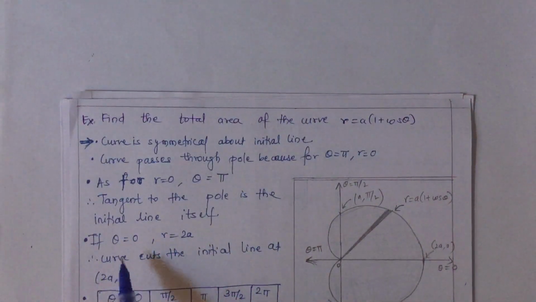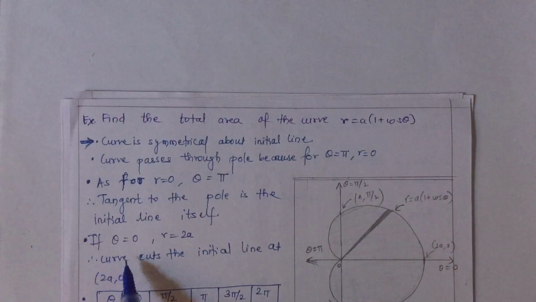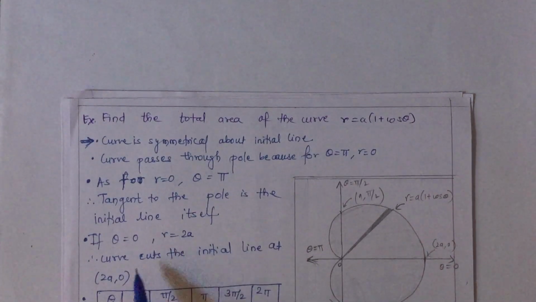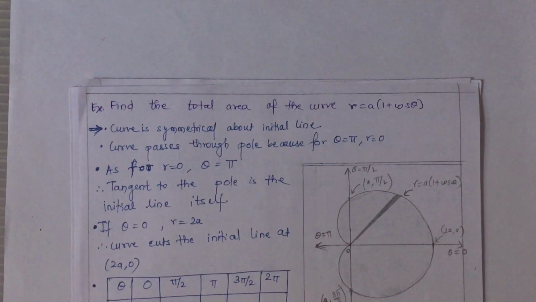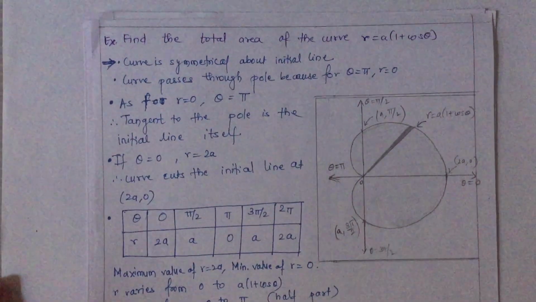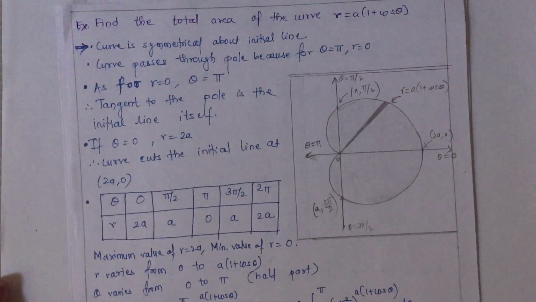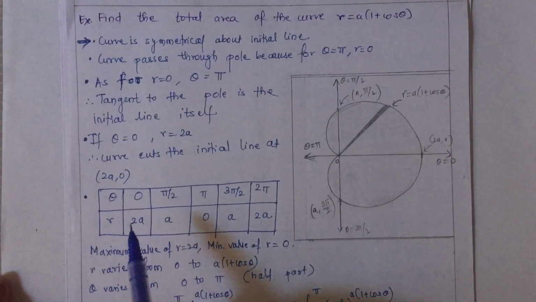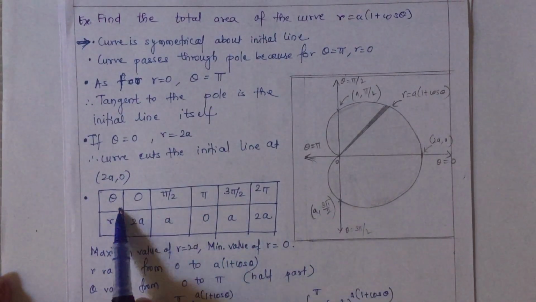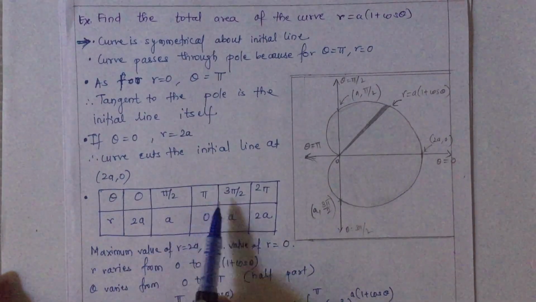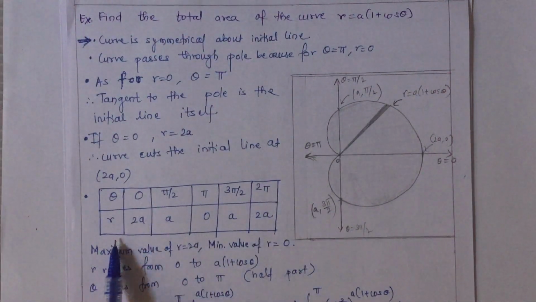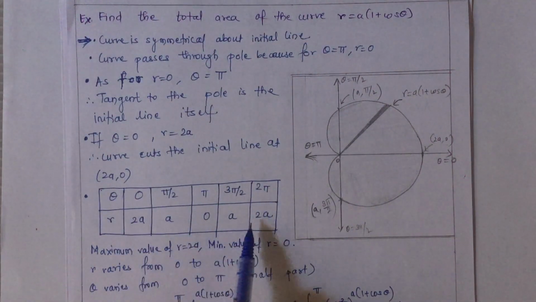Next, when you substitute theta equal to 0, we observe r is equal to 2a, which means the curve will cut the initial line at (2a, 0). So what do we prefer? We prefer a table of values and see how r varies with theta. We prepare a table for theta as 0, pi by 2, pi, 3 pi by 2 and 2 pi, and r varies as 2a, a, 0, a, 2a.